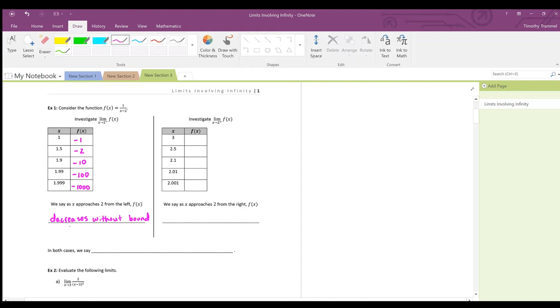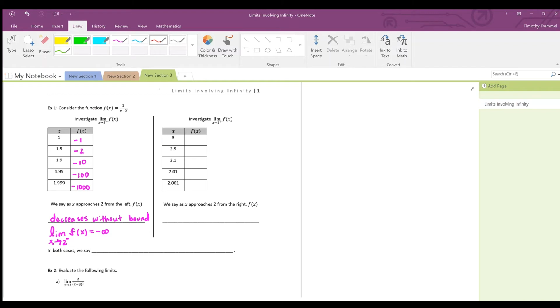Okay. And the way that we write this is the limit as x approaches 2 from the left, so that part hasn't changed at all, of f of x is equal to minus infinity.